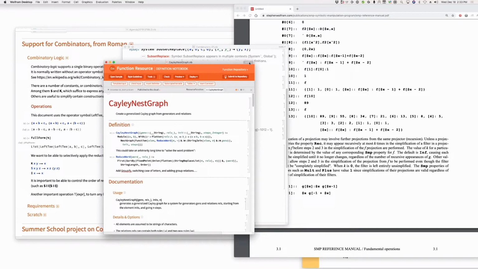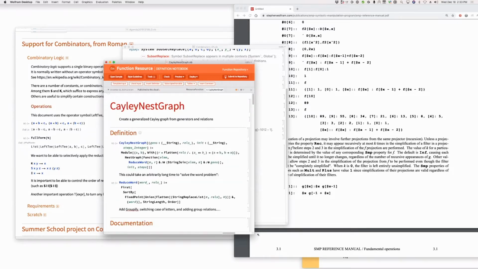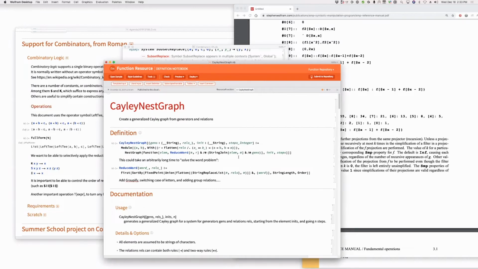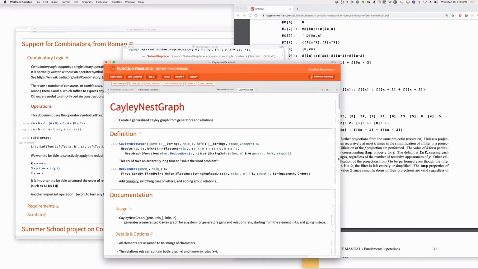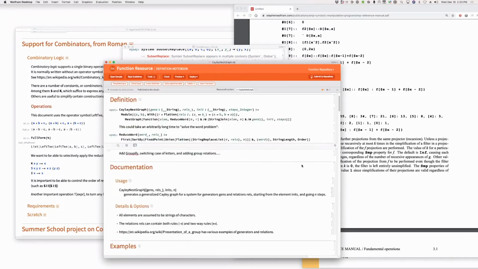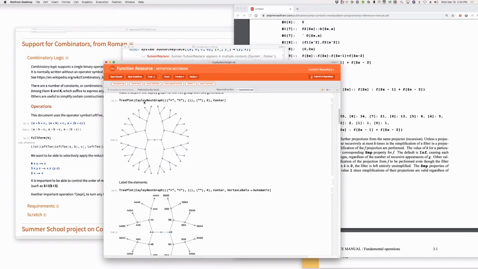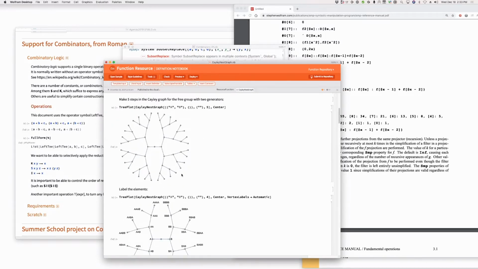This is an attempt to build a Cayley graph from relations. So let's run it and we can see what it's doing. Relations as in group theory? For example, yes, but not necessarily group theory. This is the Cayley graph of a free group.